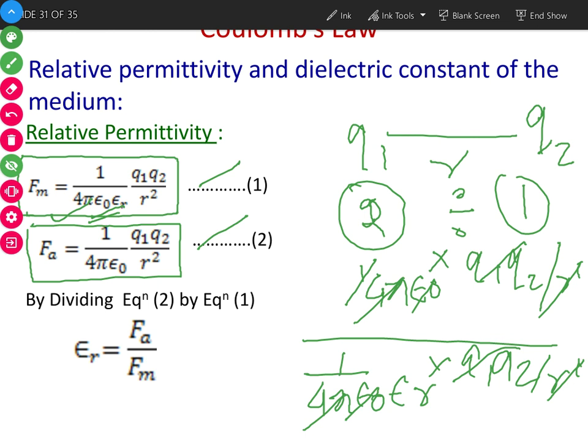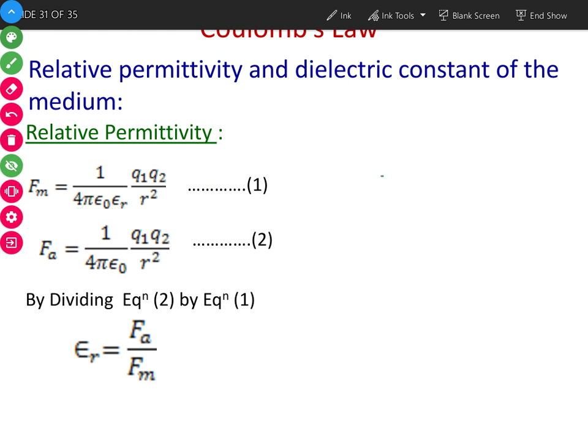So here Fa is equal to Fm. So what is the value of Fa by Fm? All these are cancelled out, and the only thing remaining here is epsilon r, which comes into the numerator. So this becomes Fa by Fm is equal to epsilon r.